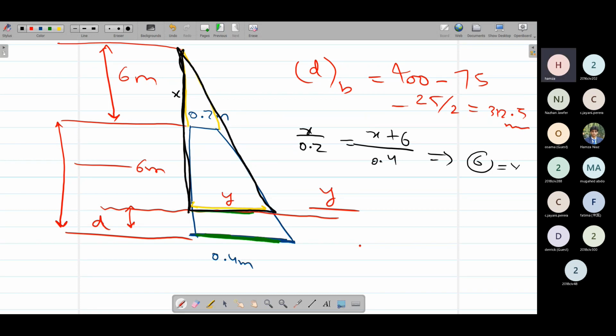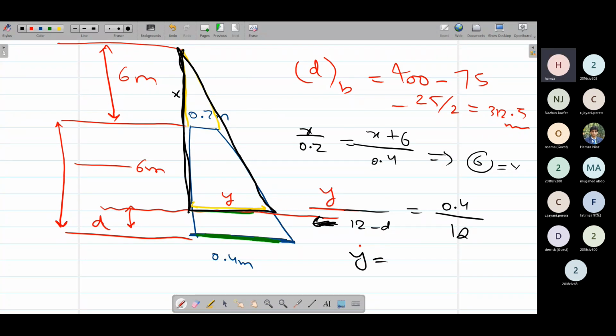The width of the black triangle is 6 plus 12 minus d, so for y our length is 12 minus d. D is this distance. We compare it with the whole triangle, that is 0.4 over 12. This way we can calculate the y value.